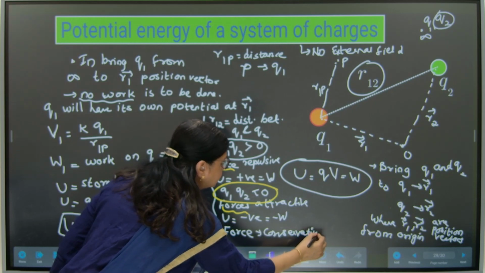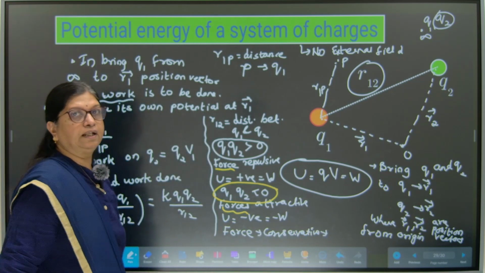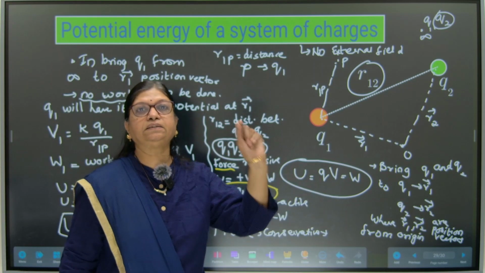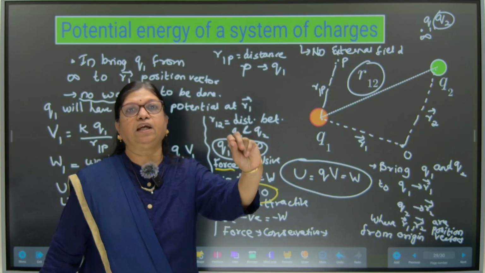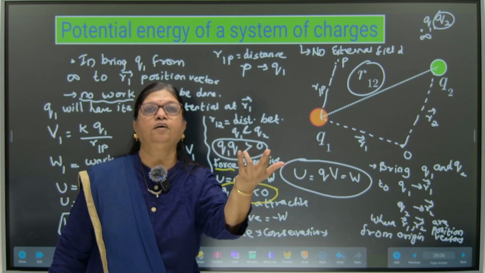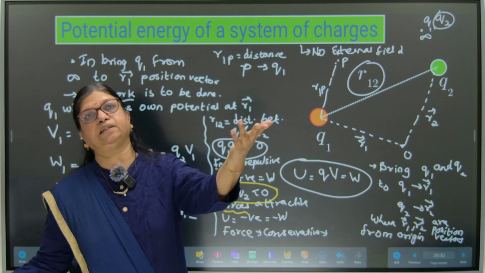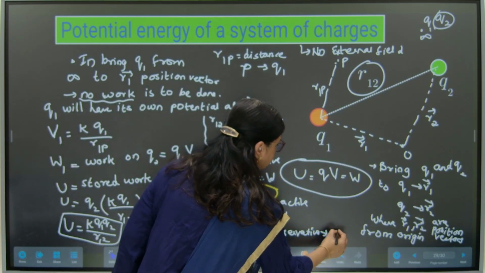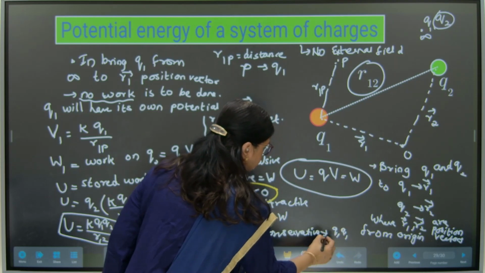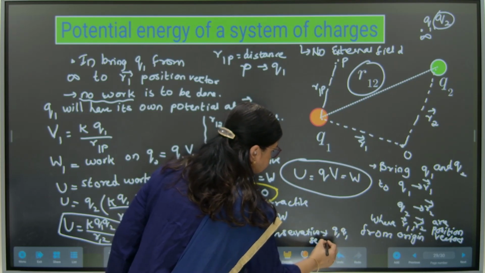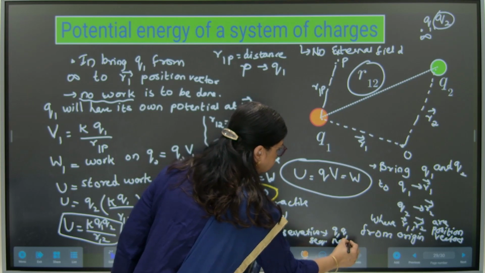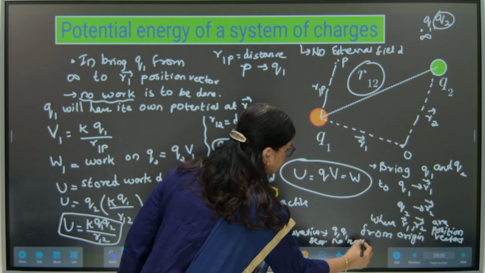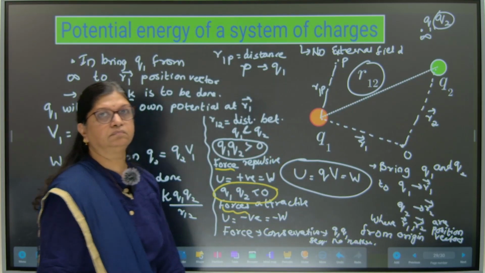Okay, if it is conservative, then we will get the same answer whether we are bringing Q2 first or Q1 first. Doesn't matter. Okay, so the Q1, Q2 sequence doesn't matter. Agreed?